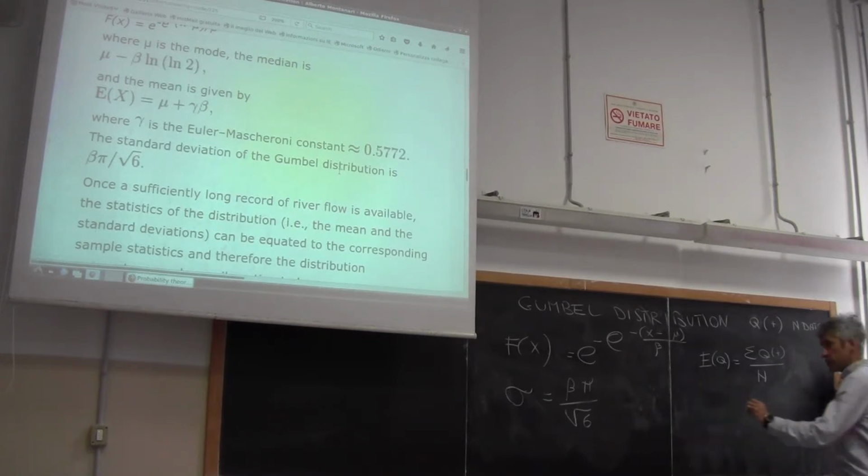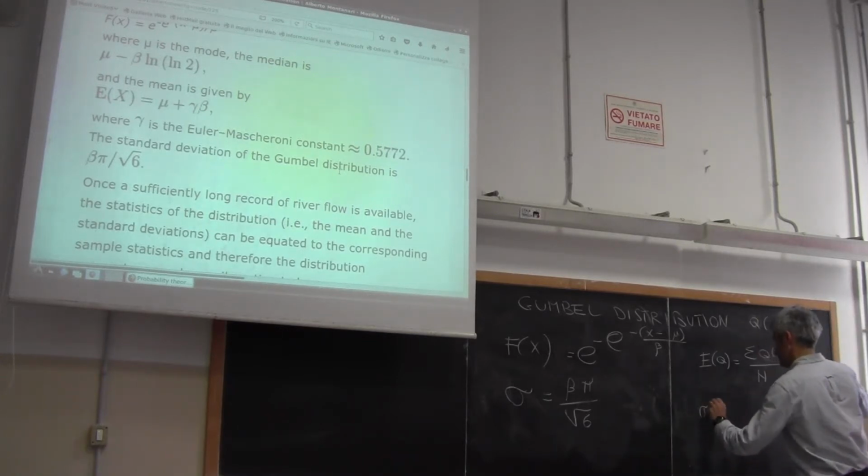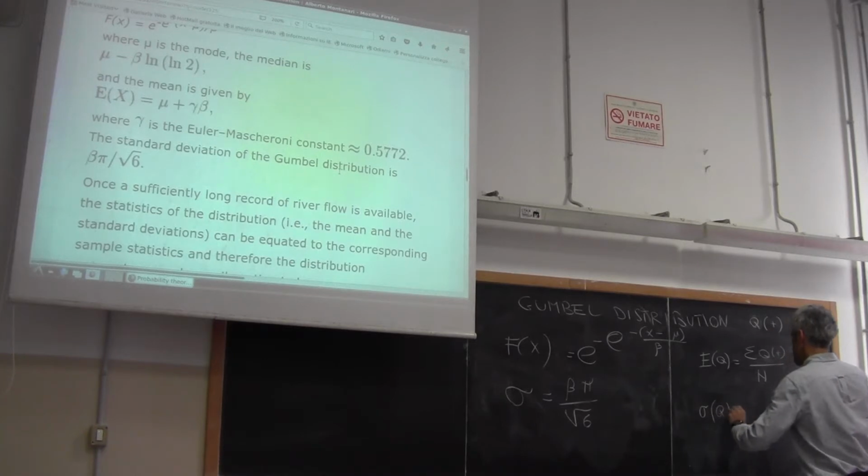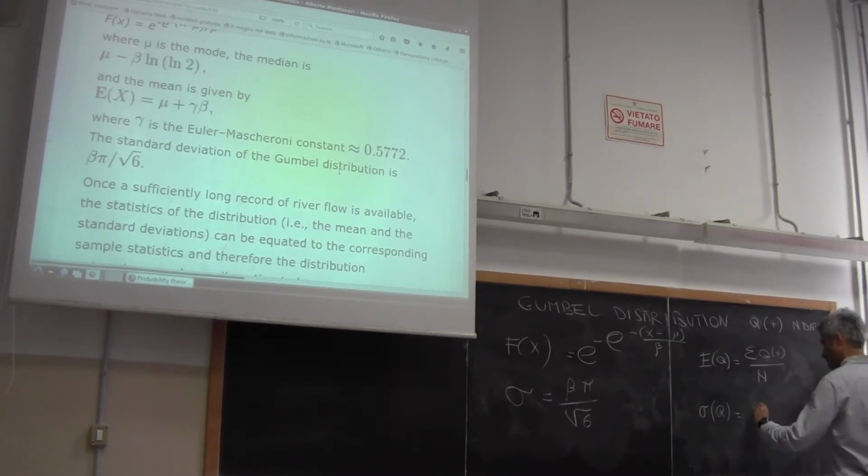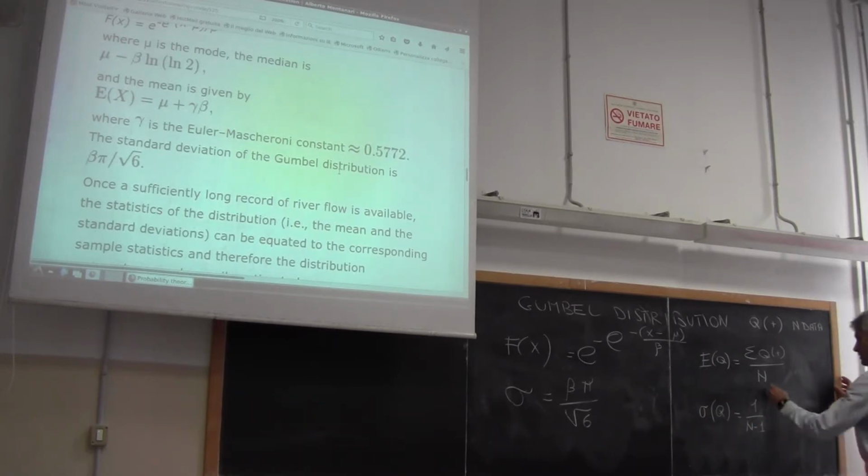And the standard deviation, sigma, of Q is equal to the square root of 1 divided by n minus 1, which multiplies the sum of Qt minus E of Q, squared.